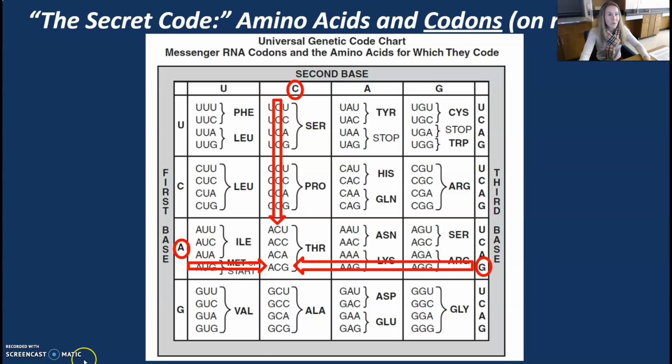Now we're in one box that all of the arrows are pointing to. So the G will also have to follow the arrow into the C column. So we'll follow that over, and we'll see ACG. That was our mRNA message, our codon. So our amino acid is THR.